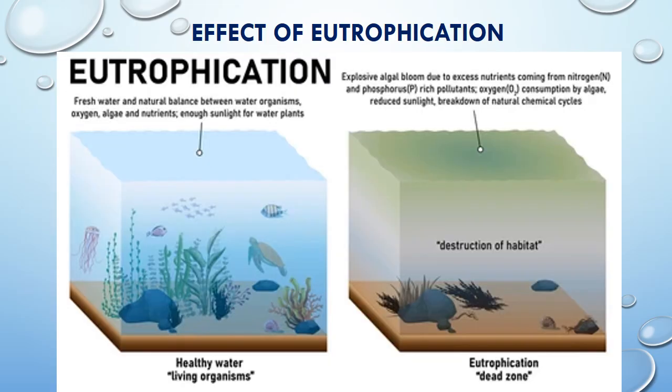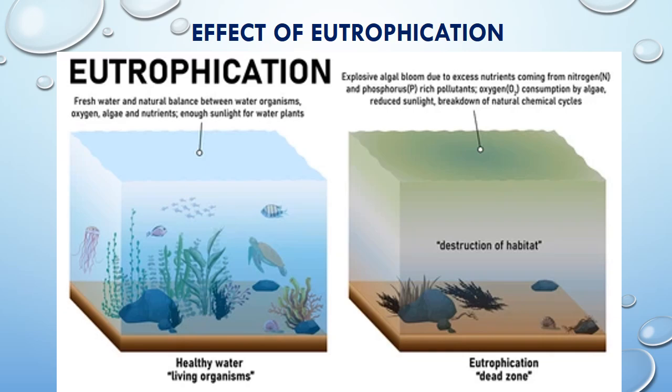The picture shows how eutrophication creates a dead zone in a water body. The first one is healthy water, where sunlight enters directly, oxygen is totally present, and mixing is happening properly.